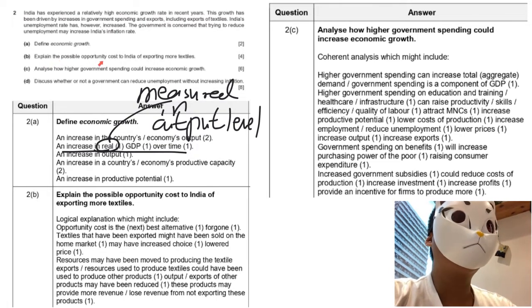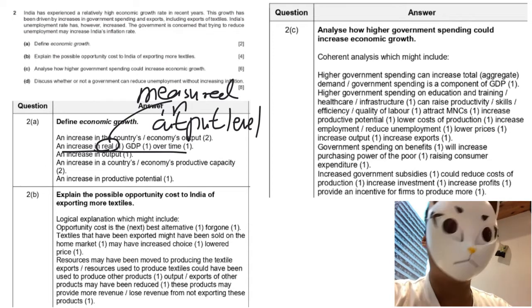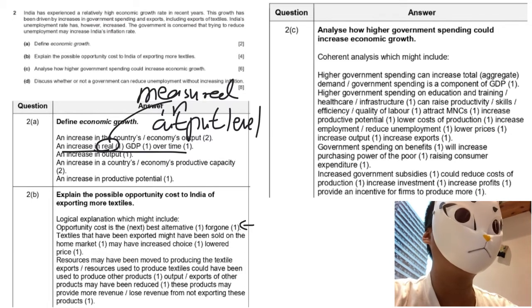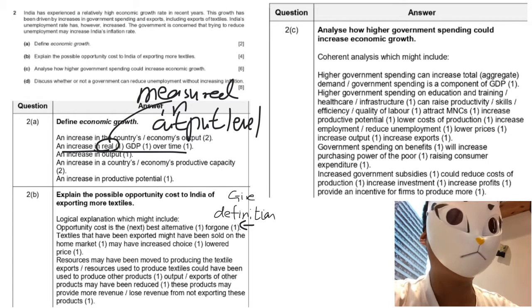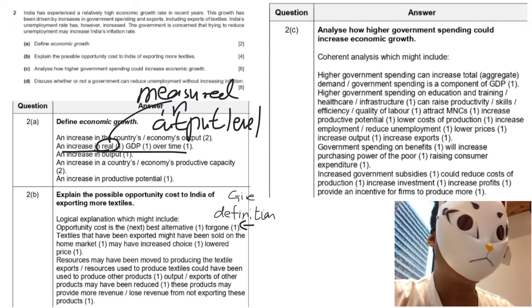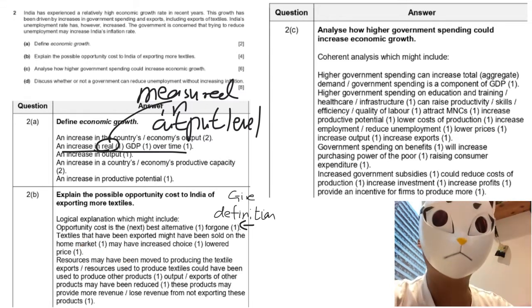Number 2, part B. We have to explain the possible opportunity cost of an export move. For this kind of question, of course you have to give the definition of opportunity cost, that it's the highest value option forgone.